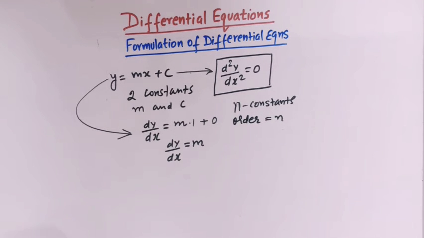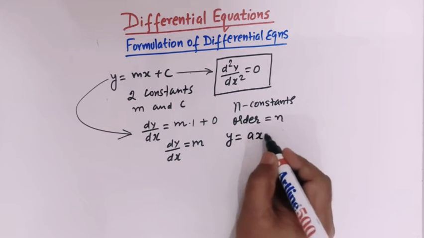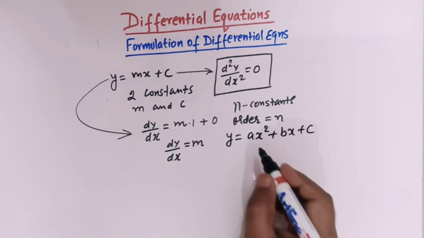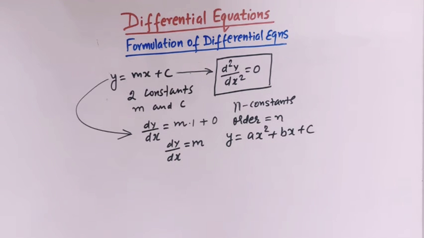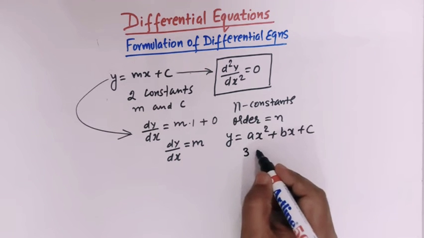Suppose we have an equation like y is equal to, say, ax square plus bx plus c. Here we see that we have three arbitrary constants, so the number of constants is 3.